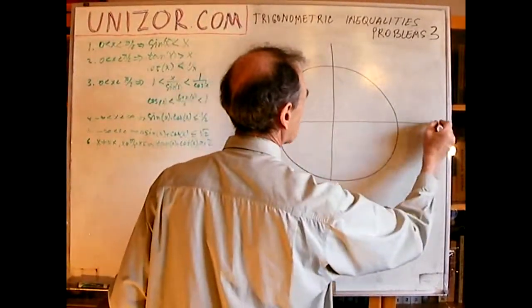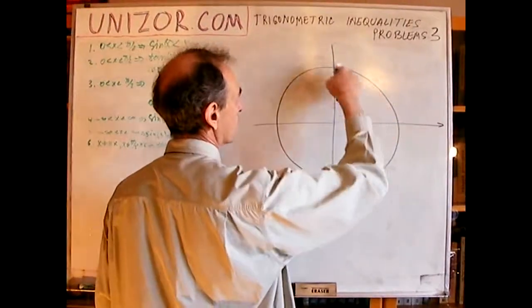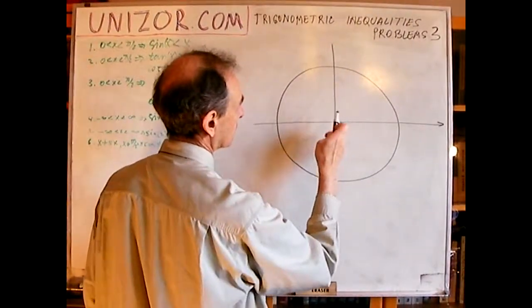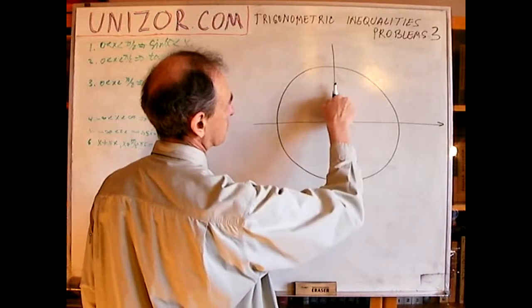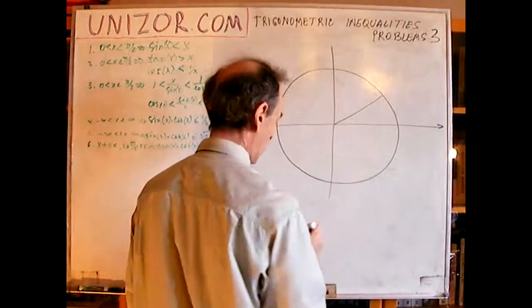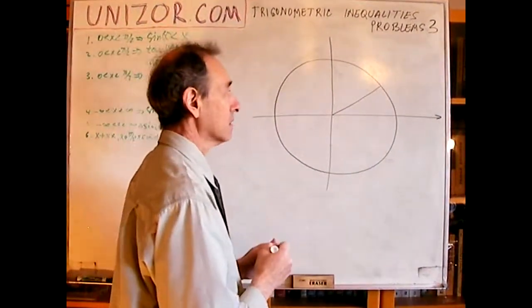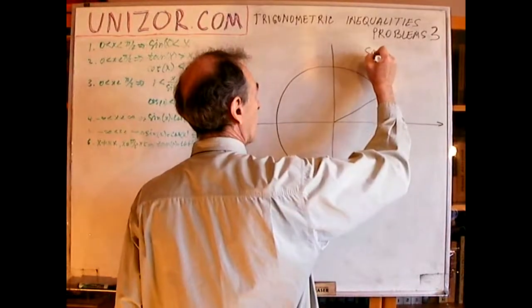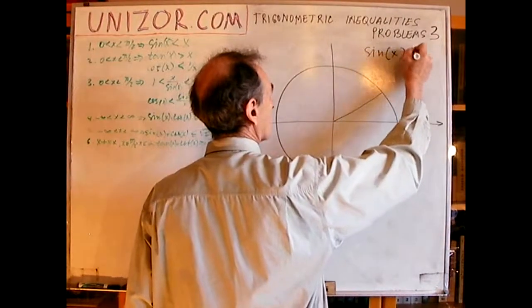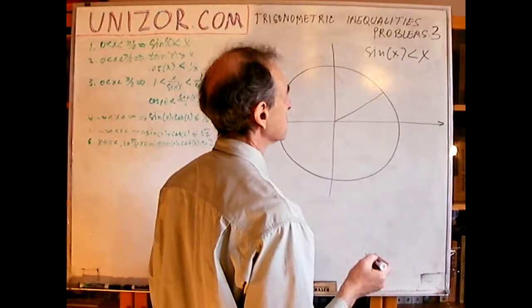And now I'm considering angles only from 0 to pi over 2. So angles from this position to this position, greater than 0 and less than pi over 2. So this is an angle. And for any angle in this category, I would like to prove this. Okay, here's how I'm going to do it.